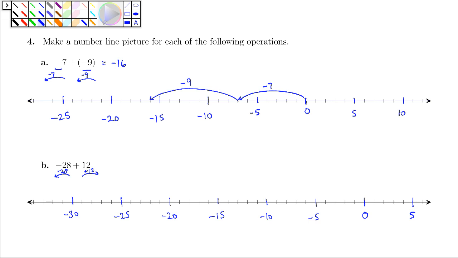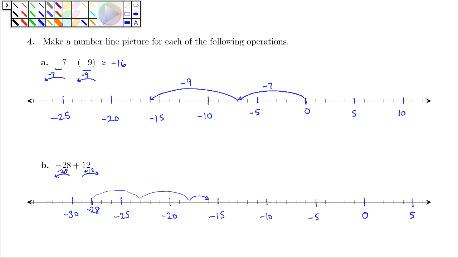Okay, so instead of doing both arrows, I'm just going to start at -28 in this case, and I'm going to move ahead 12. So I'm going to do this by smaller jumps. If I go to the same relative place in my little group of 5, then that's 5, 10, 12.